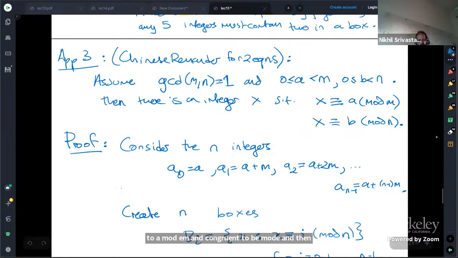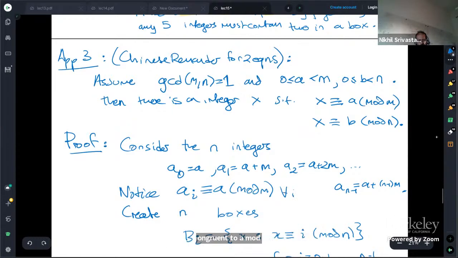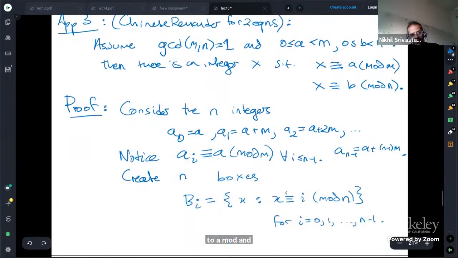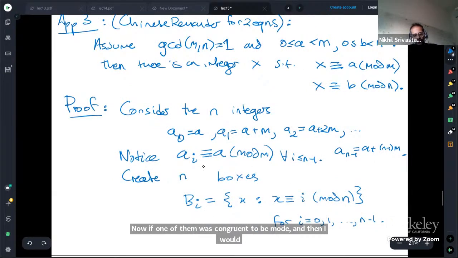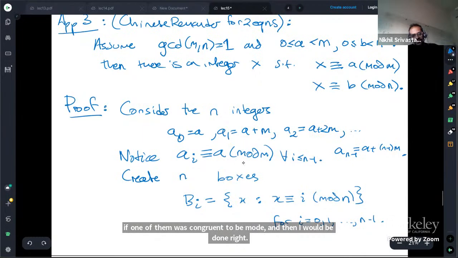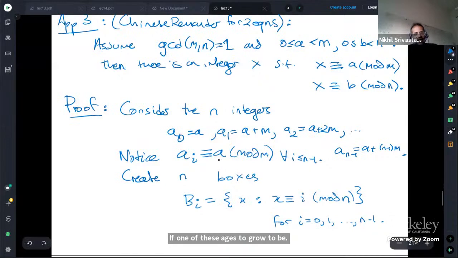Notice that all of these a_i are congruent to a mod m, for all i less than n minus 1. Now, if one of them was congruent to b mod n, then I would be done.